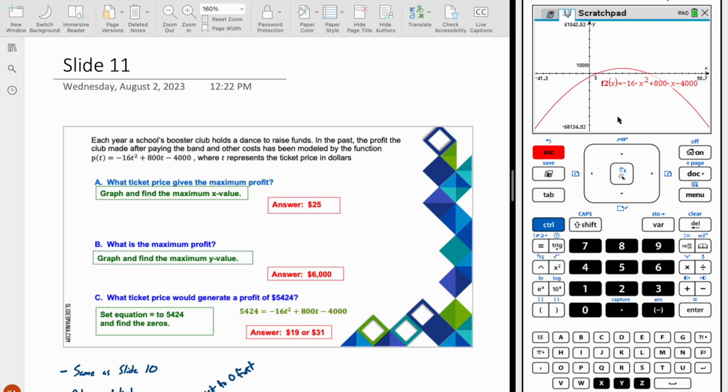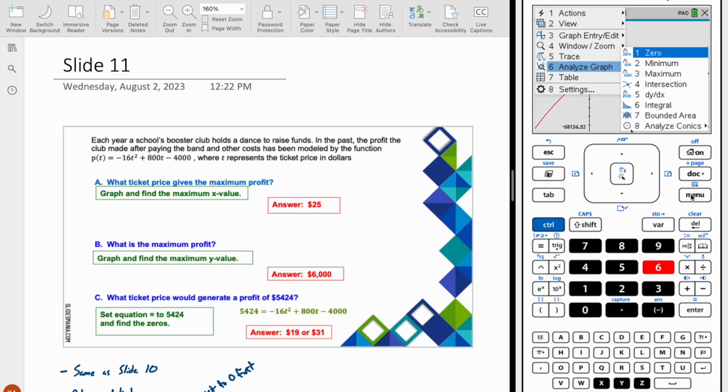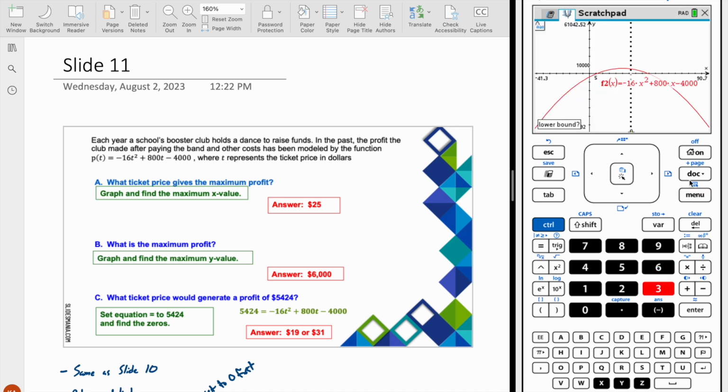What we are looking for though is the maximum. So we go ahead, menu. Once you go to menu, you're going to go to Analyze Graph, just as we did before, and maximum, 3. We find our lowest and our highest that we would want to look into.